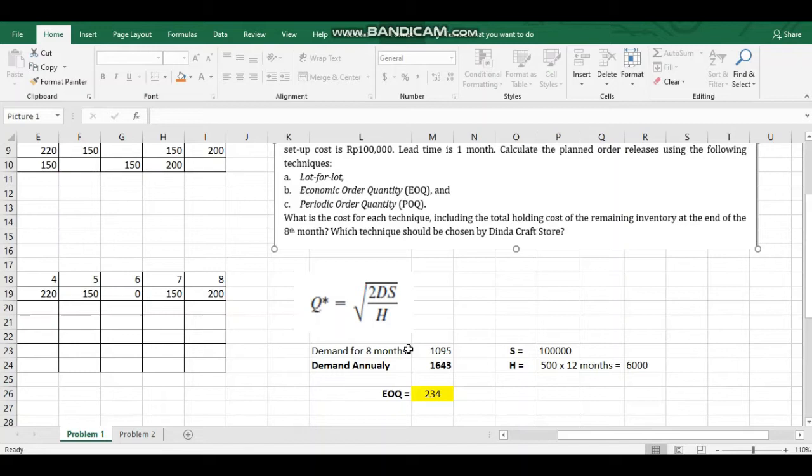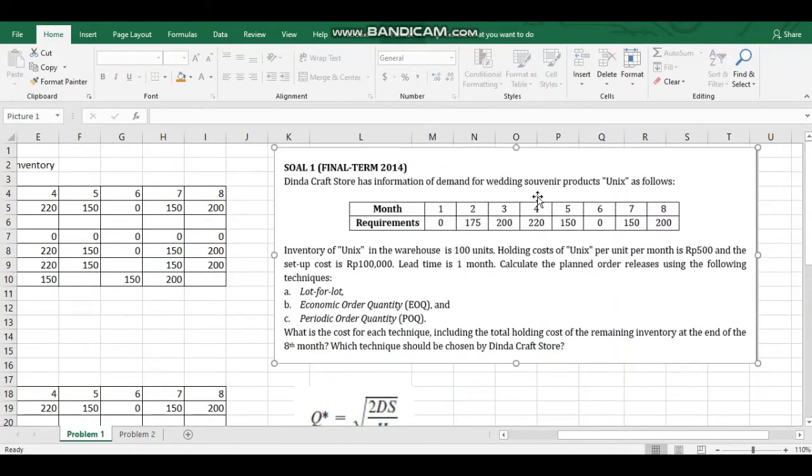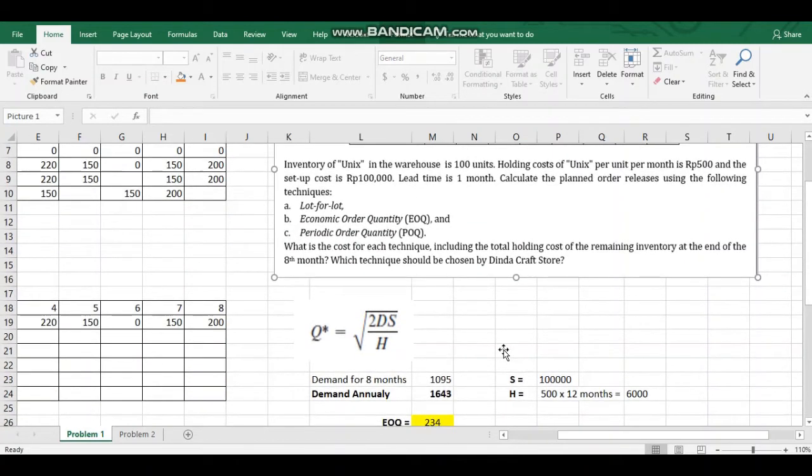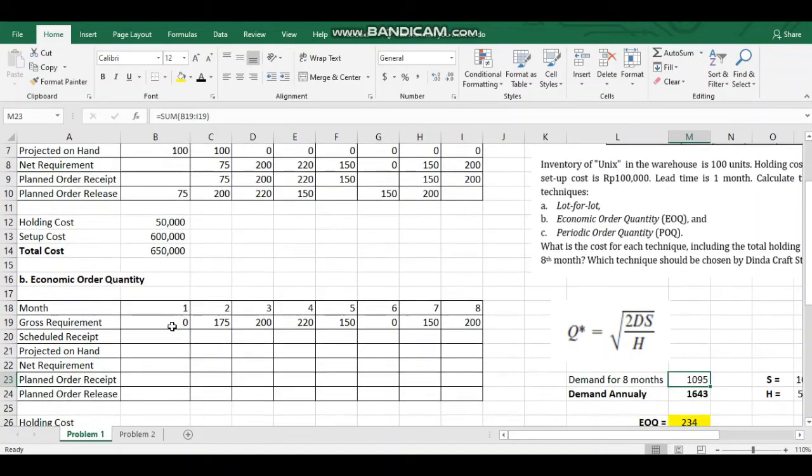So to find the annual demand, we have to use this kind of formula: you divide 12 months by 8 months, which is the number of months in this case, and then the result is multiplied by the total demand, or the total gross requirements, for 8 months, which is this number.